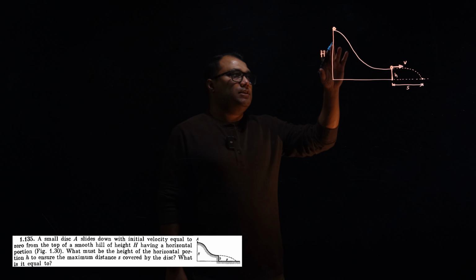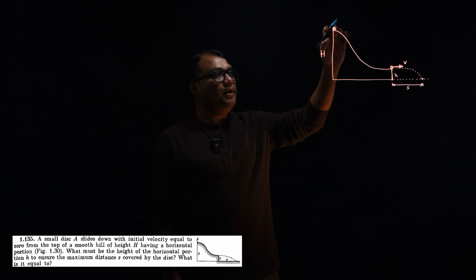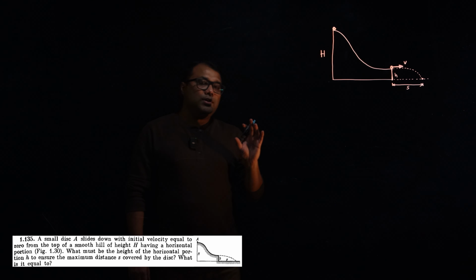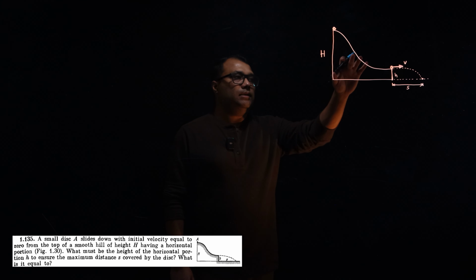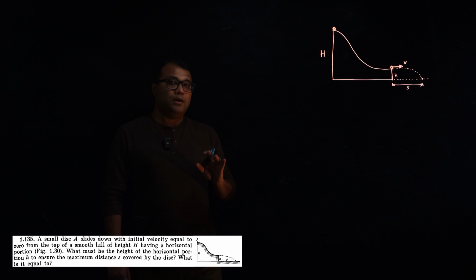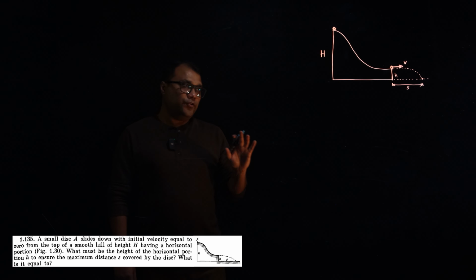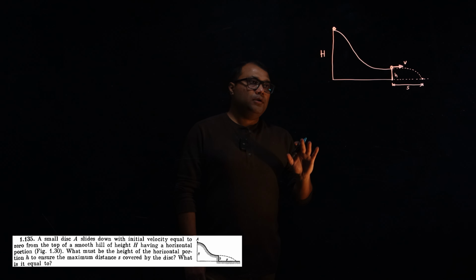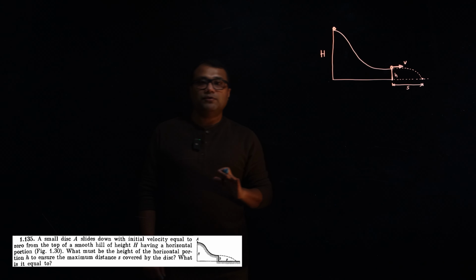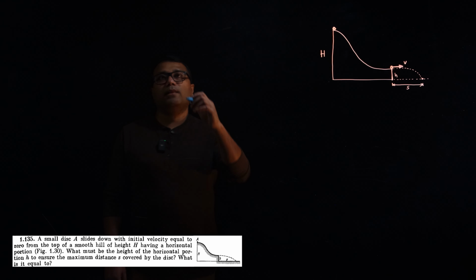So in this system of the hill plus the disk, the only external force that is working is the force due to gravity, which is a conservative force. There are no friction forces, so therefore we can apply conservation of mechanical energy, okay.